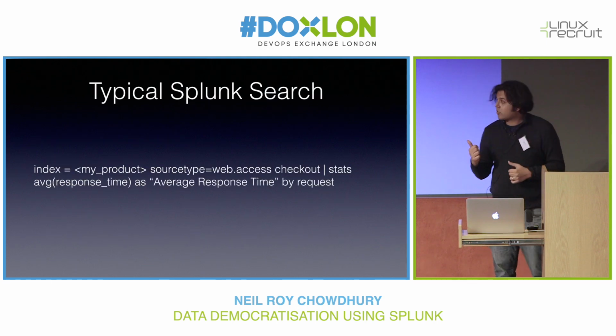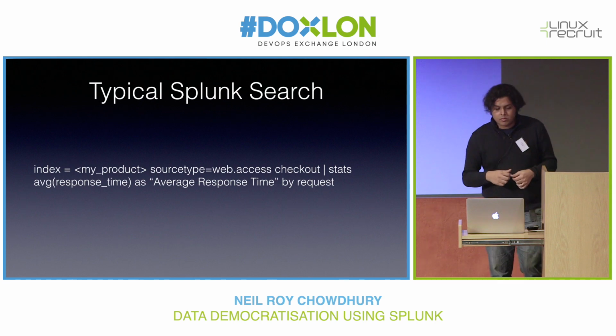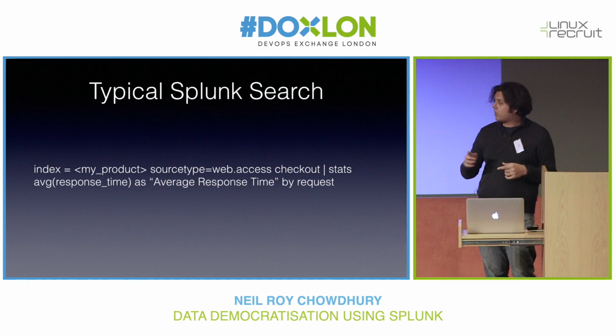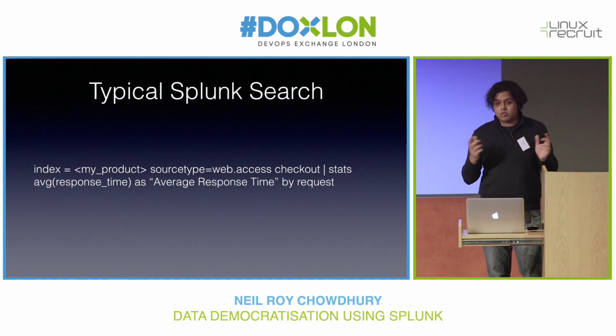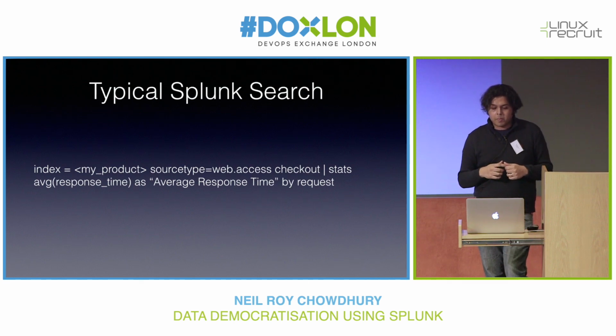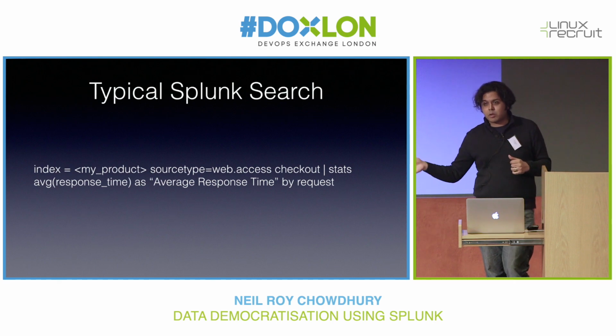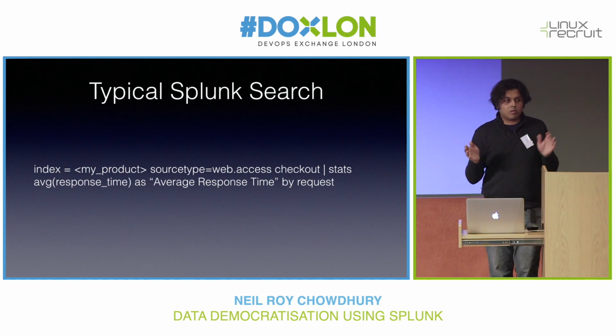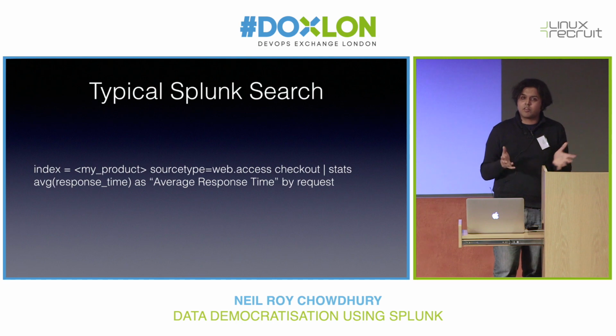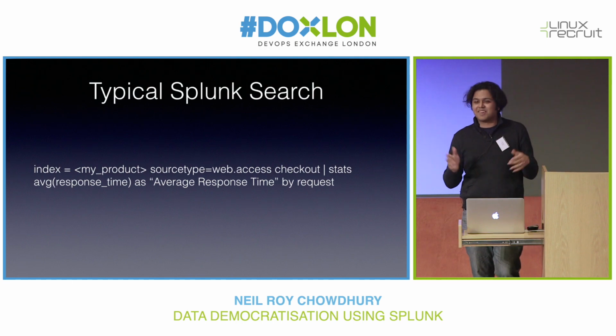So this is what a typical Splunk search looks like. The first bit, up to the first pipe, is the search spec. After that, you have numerous transformation commands that you use to size up your data like a Swiss Army knife.